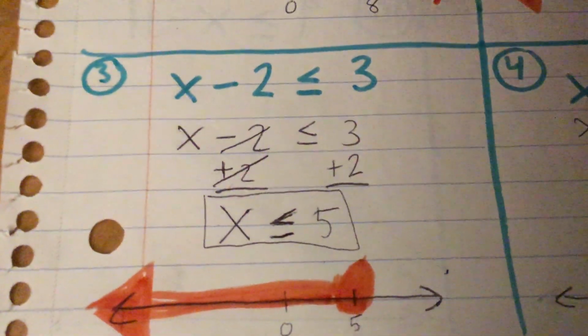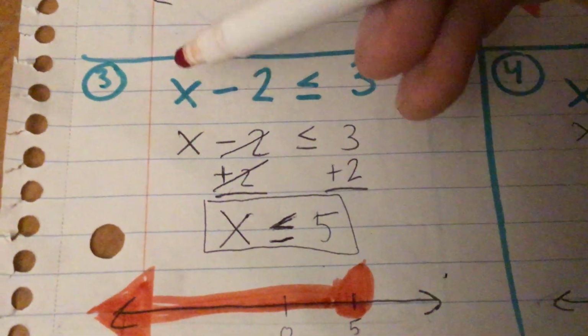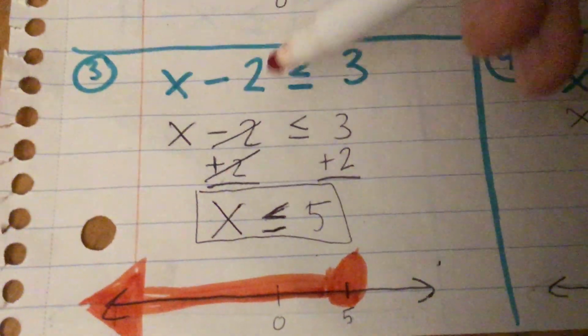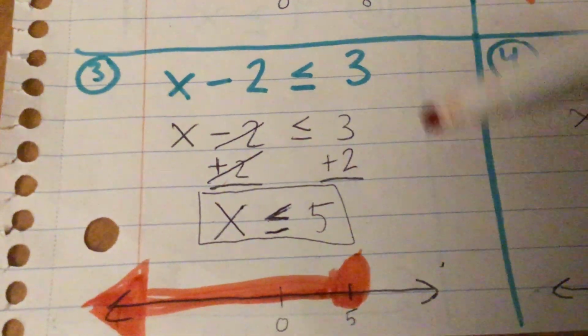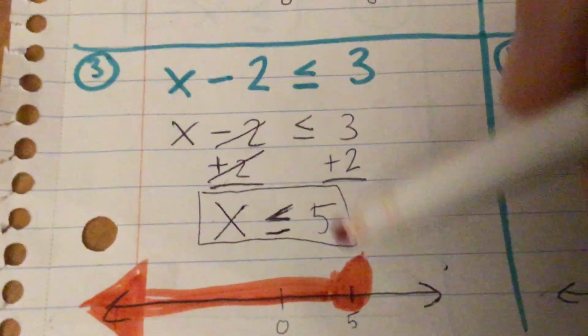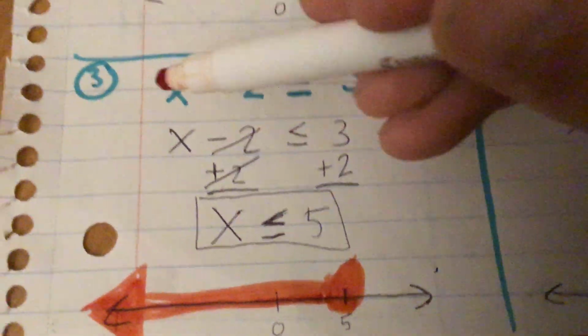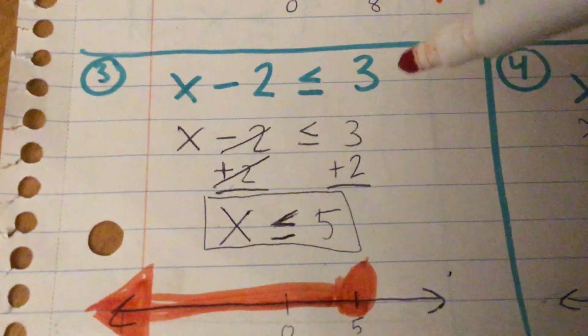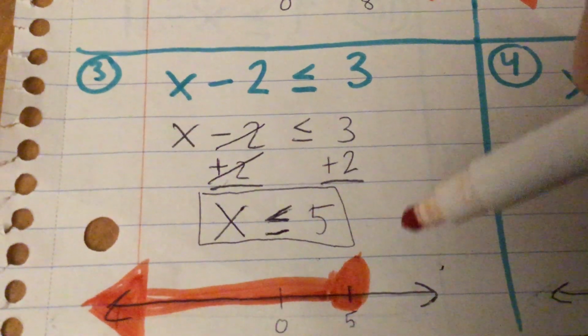Okay, so let's plug it in. Let's go with a number barely less than 5. Let's go with 4. 4 minus 2 is 2. 2 is less than or equal to 3. That's true. Let's go with 5. 5 minus 2 is 3 itself. 3 is less than or equal to 3. Yes, hence I shaded it in.